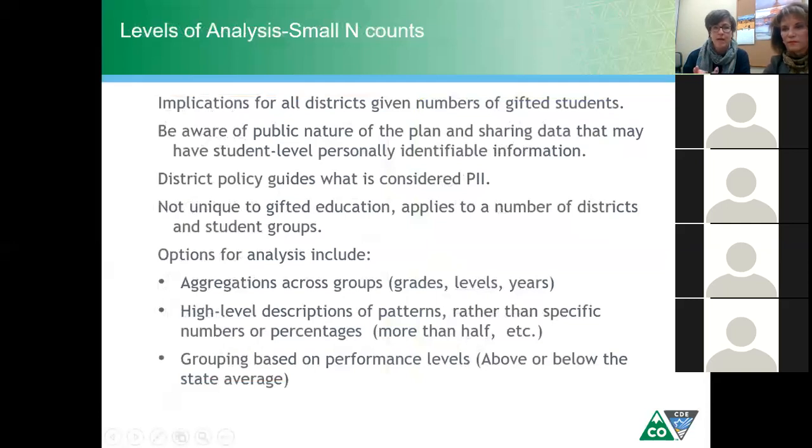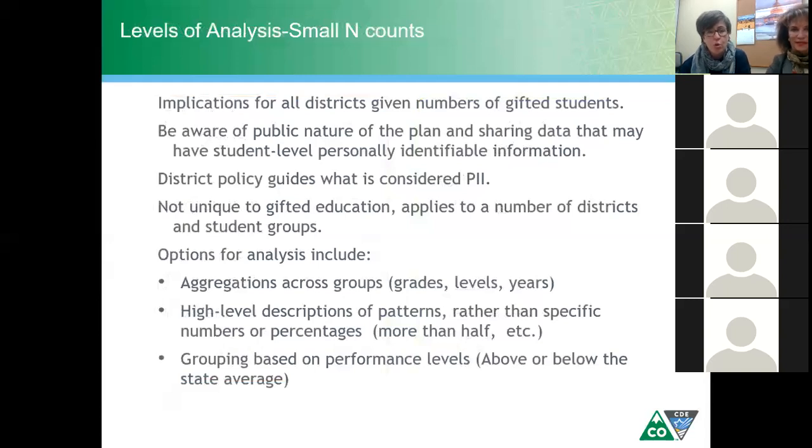So we want to be aware that there is student level, potentially personally identifiable information. We want to be cautious about how we talk about that. That specific number is guided by district policy guidelines about what is actually considered personally identifiable information. And again, this is not unique to gifted, but gifted programs tend to run into this relatively frequently.